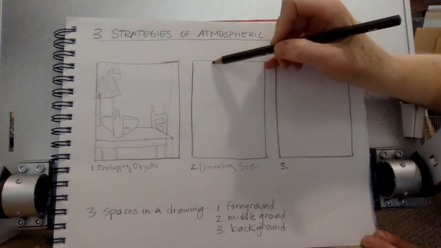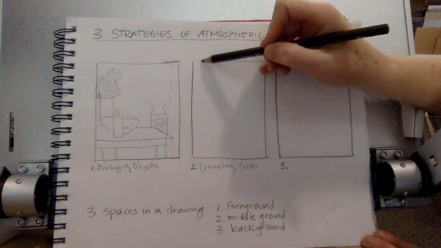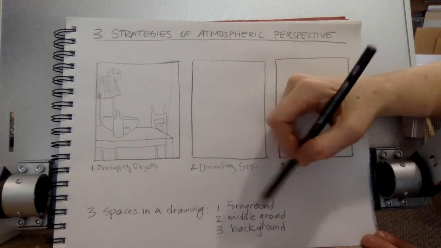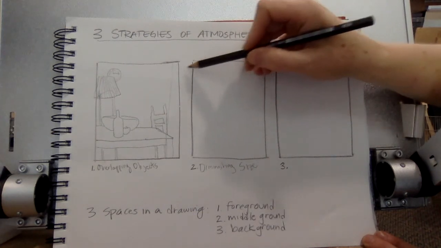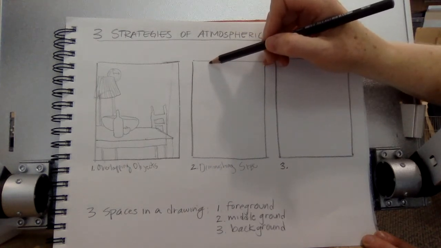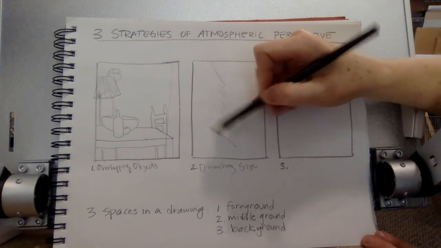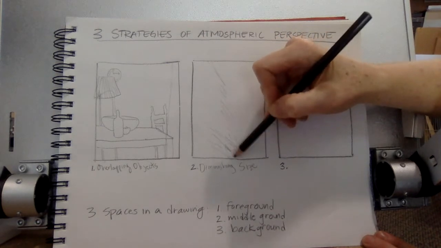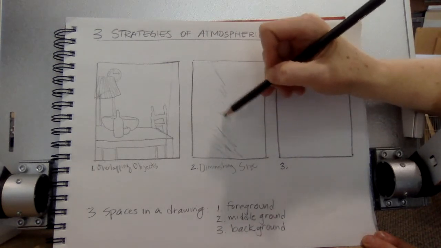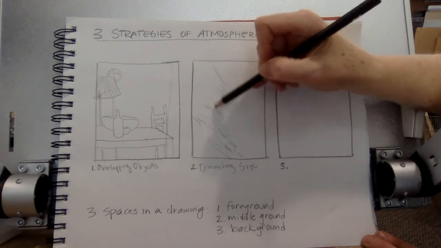do some trees. So here's a tree in my extreme foreground. If something's in your extreme foreground, it's gonna be heavily cropped because it's really close up to the viewer. I'll try to do a very quick version of a pine tree.